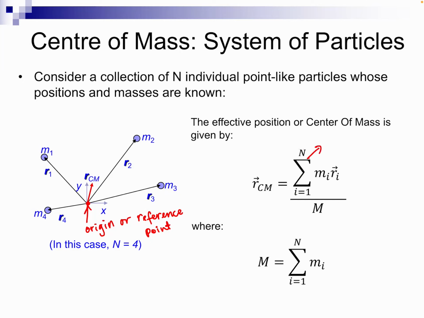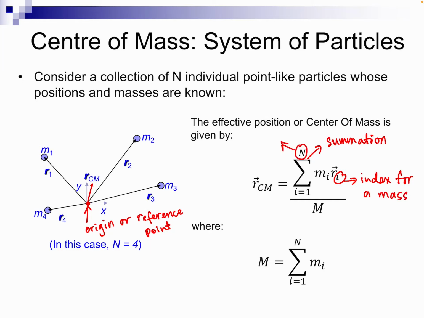So this is the summation symbol. It means that the center of mass is the sum of the mass times position of each of the particles. I is the index for a mass.